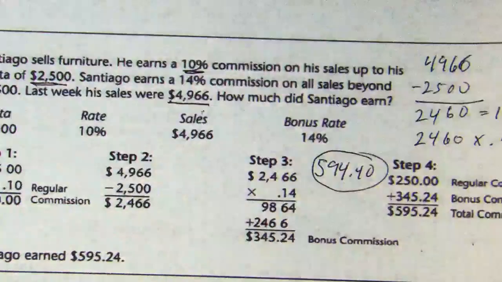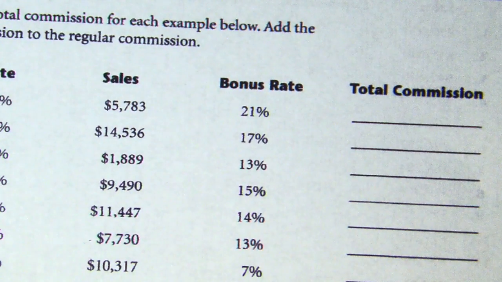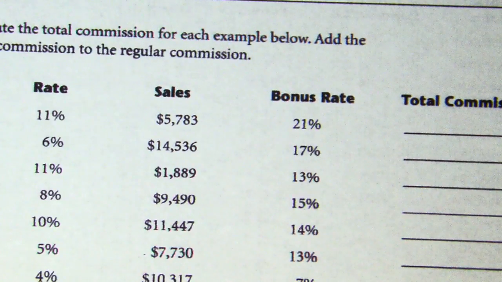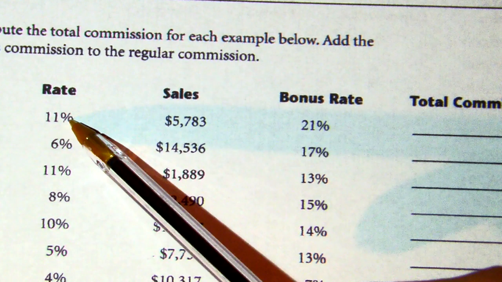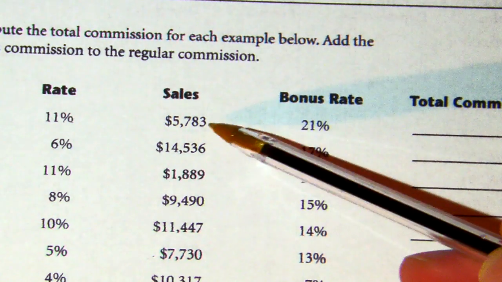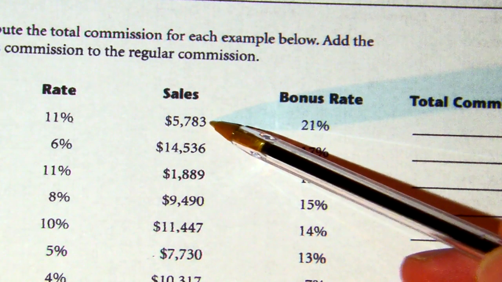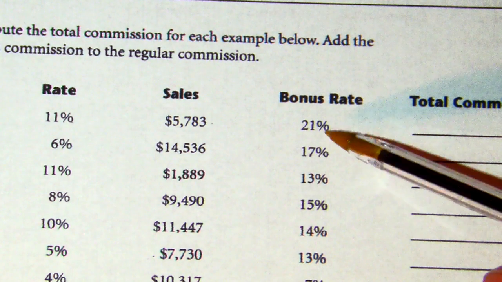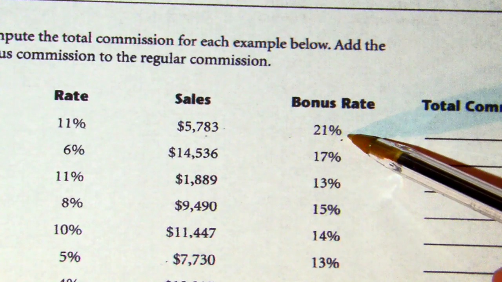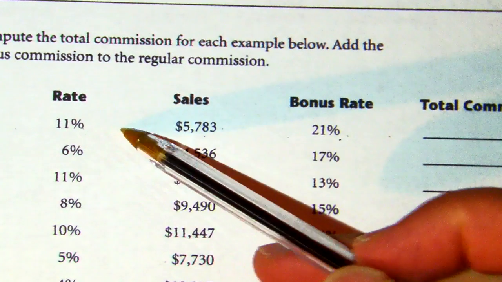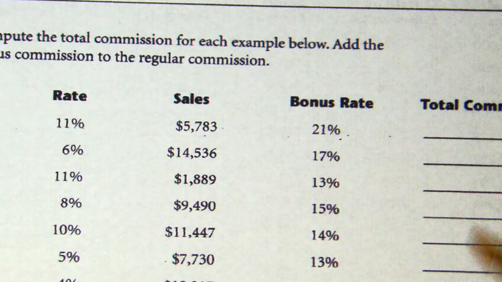Let's take a look at number 1 here. Your quota is $5,300 at a rate of 11%. You actually sold $5,783, and then there's a bonus rate of 21%. So you're not just going to take this times that and get a number and this times that and get a number. You actually got to do a little subtraction here.